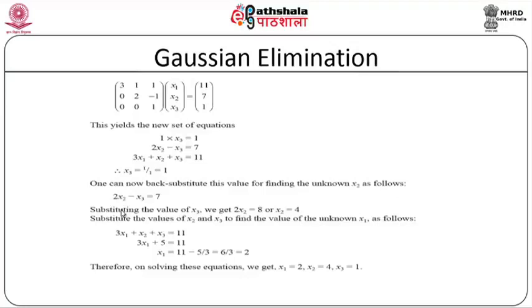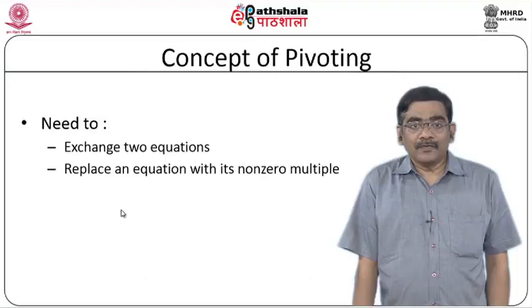Already we know the value of x3, so we can find the value of x2, and once we know the values of x3 and x2, we can substitute them into the first equation. So, now we have x1 equal to 2, x2 equal to 4 and x3 equal to 1. So, this is the method of Gaussian elimination.